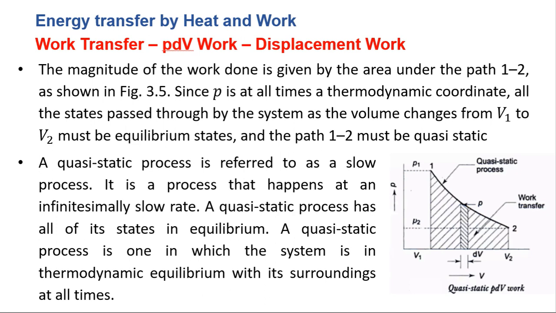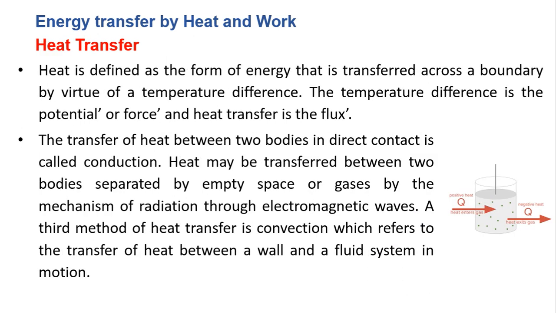Yeah, you can see here in the second paragraph, it's a process that happens at an infinitesimally slow rate. Also, the quasi-static process is one in which the system is in thermodynamic equilibrium with its surroundings at all times.